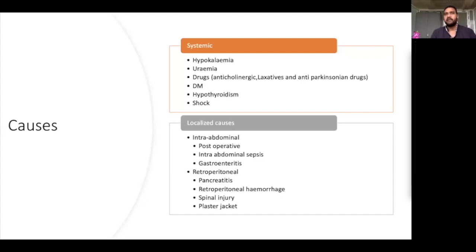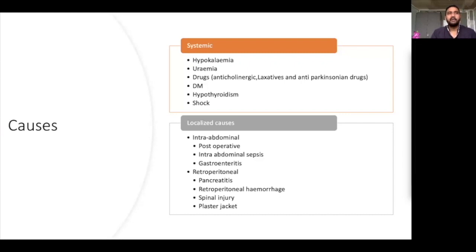Whenever after surgery a patient's bowel is not open for some time, that indicates a postoperative paralytic ileus because of the bowel handling. Then intra-abdominal sepsis: any infection inside the abdomen can lead to paralytic ileus.